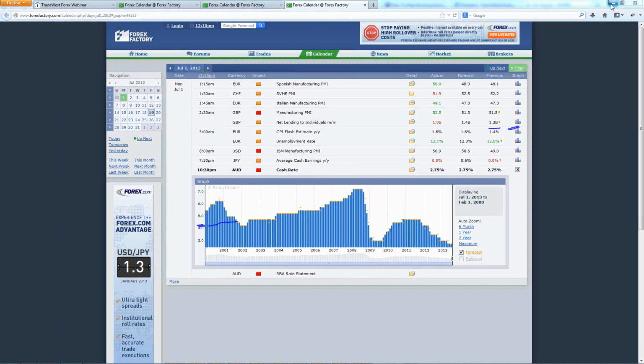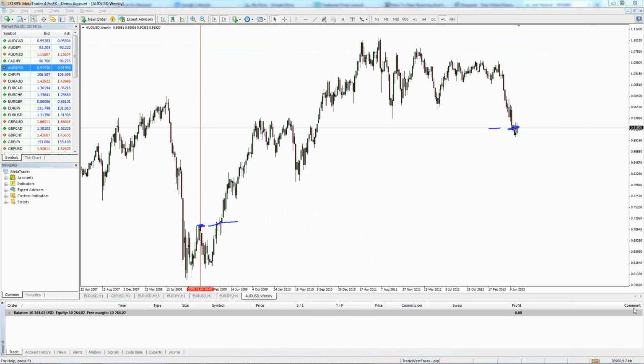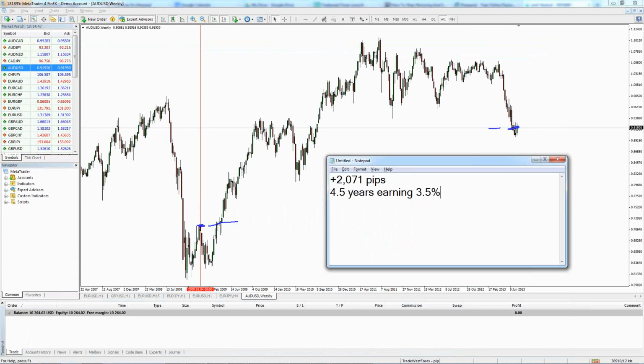Okay, so if we have a 3.5% interest rate, you're earning 3.5% interest. Remember, this is not just on your trading balance. You have a $1,000 trading account. You might have traded a mini lot on there. That might be too aggressive. You'd have to check what your broker's leverage is and margins and things like that.